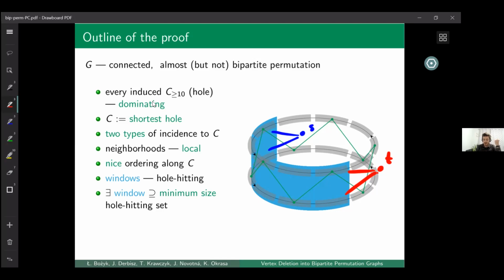vertex separators in all such windows, and there are only linearly many of them, and the flow algorithm is polynomial, then taking the minimum size one, we can be sure that this is the minimum number of vertices that we need to remove in order to get rid of all remaining long holes.